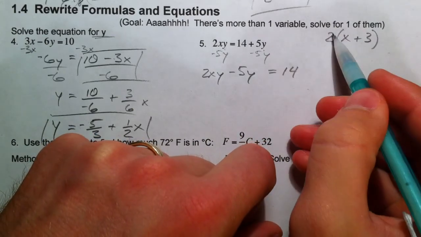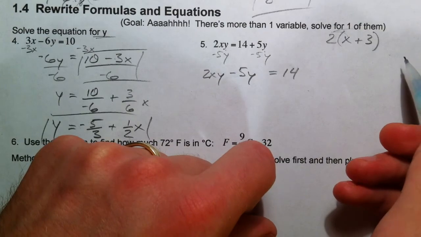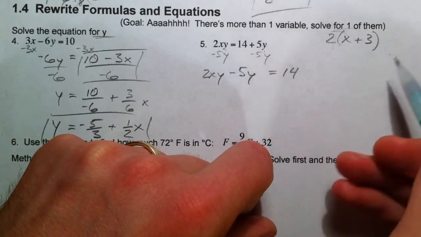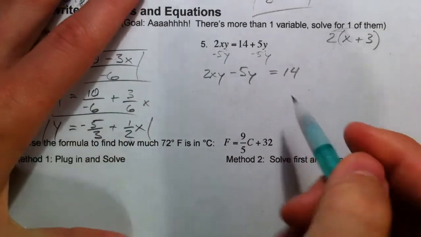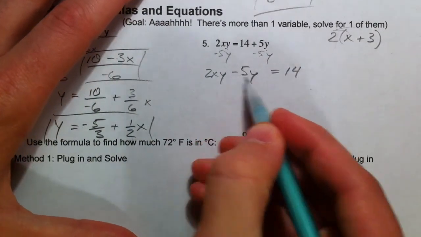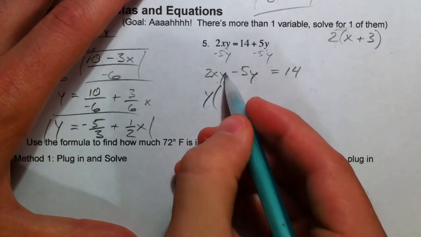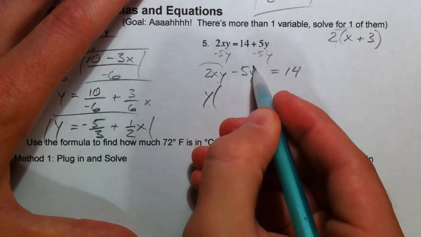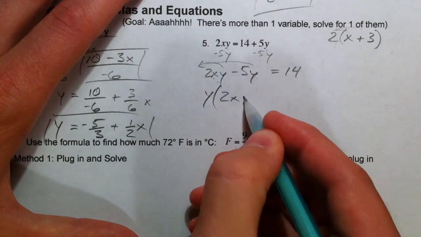If you have things like this, it puts a 2 into each one of these. It's called the distributive property. The opposite of the distributive property is factoring, and so we're going to factor this because both parts have the y in it. So factor the y out, and so then you have 2x left minus 5.